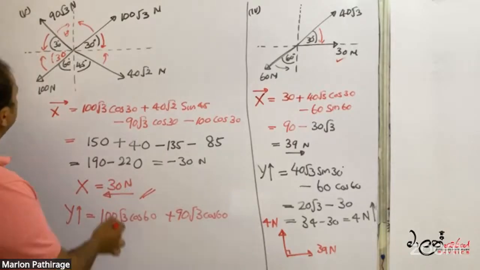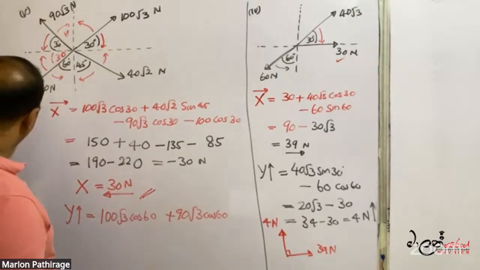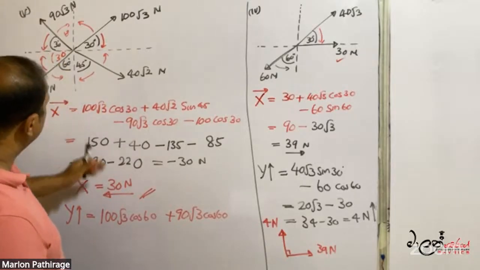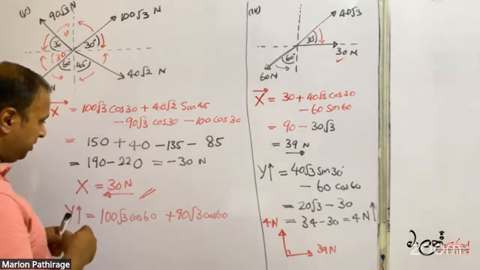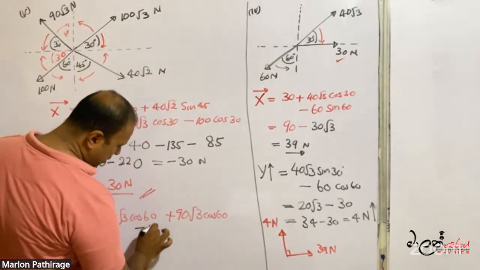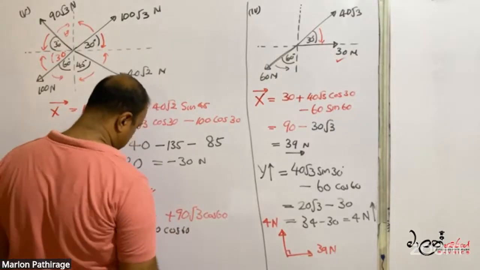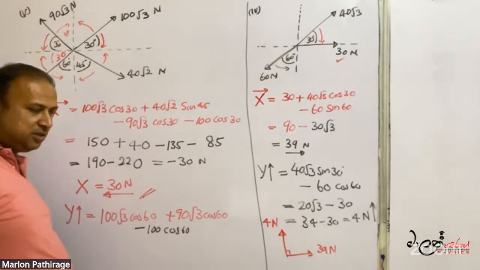Then these two: minus 100 cos 60, minus 100 cos 60.